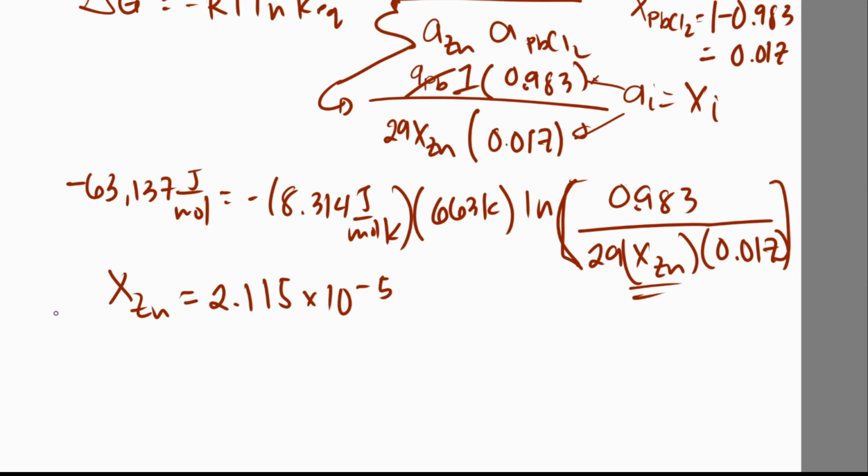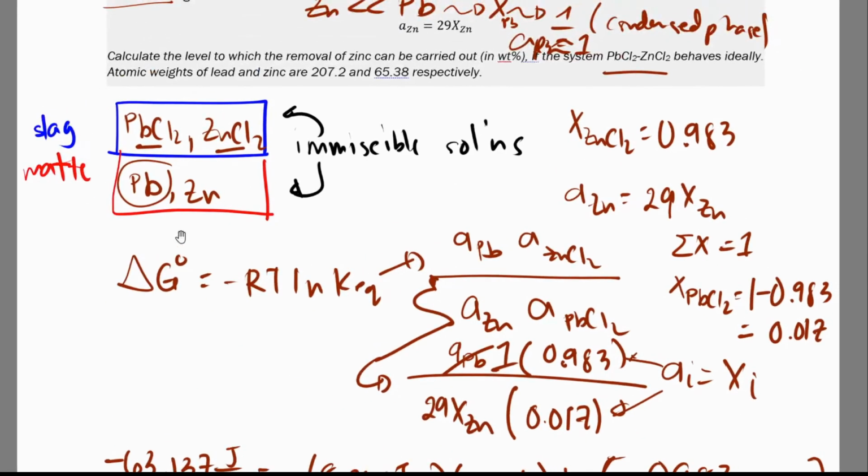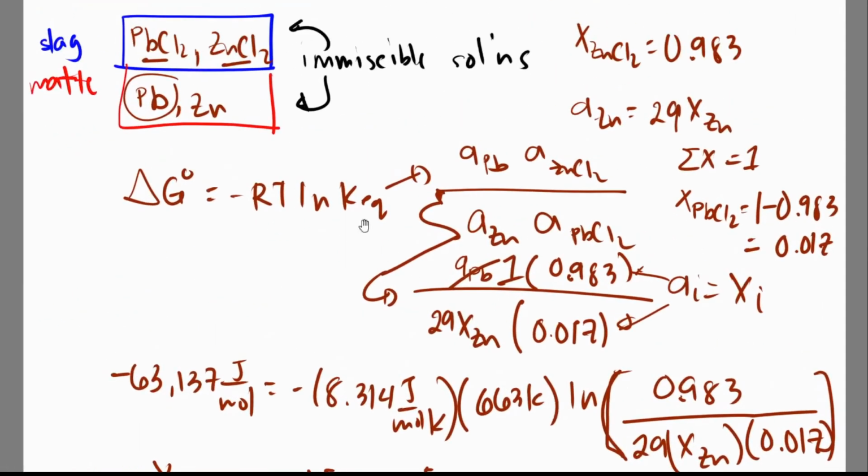But since we are looking for weight percent, what is the weight percent of zinc? We can convert it from X of zinc. The weight percent of zinc will be equal to the weight of zinc over the total weight of all the things in our mat. We only look at the mat solution, because this is the only one that has lead and zinc.